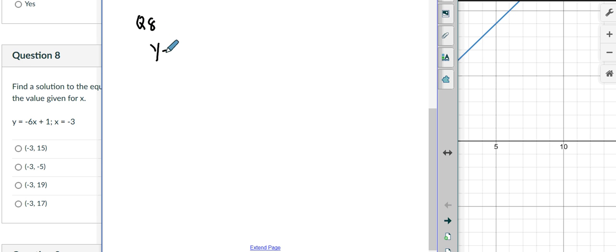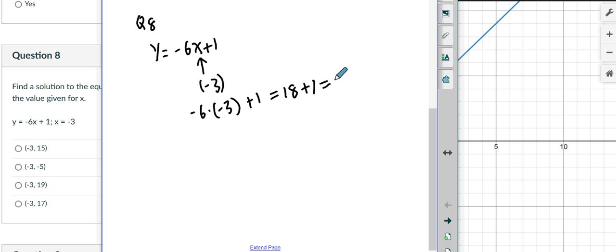You are given the equation y equals -6x plus 1. You input -3 here, and that will be -6 times -3 and then plus 1. Negative times negative comes to be positive, so you have a positive 18 plus 1, which gives you 19. Here is the value for x, and here is the value you get for y.